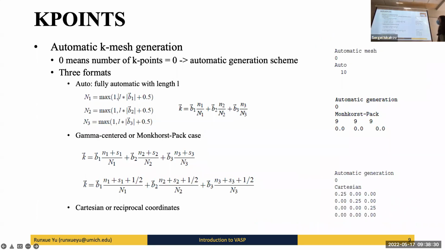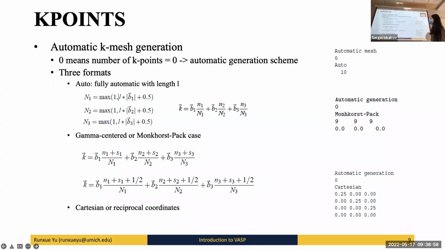And the fourth file is the KPOINTS. It will determine what kind of K points you will use. Usually we will use two kinds of formats here. The first one is automatic K mesh generation. So this is a comment line, and you put 0 here. 0 means that we're using the automatic generation scheme.